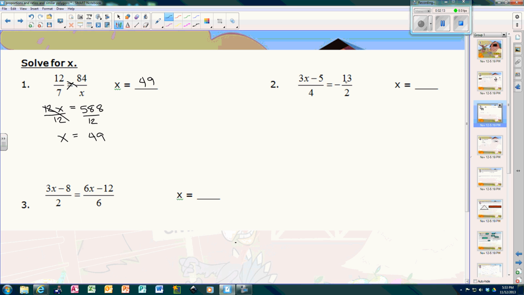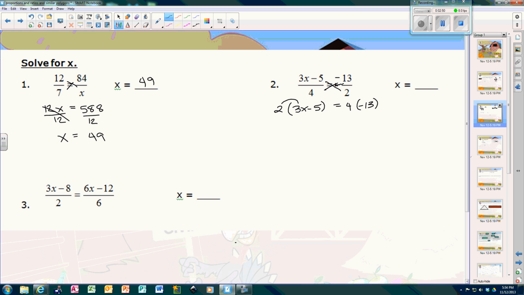Now sometimes they look a little tricky, but just remember you're still going to set it up the exact same way. This negative sign here, it can go in the top or the bottom. I'm just going to put it up here in the top. It doesn't matter. So I'm going to cross multiply. I've got 2 times 3x minus 5 equals 4 times negative 13. Now we have a parenthesis so we can distribute.